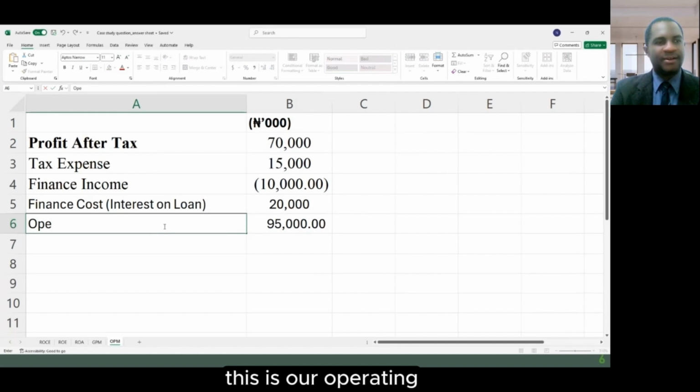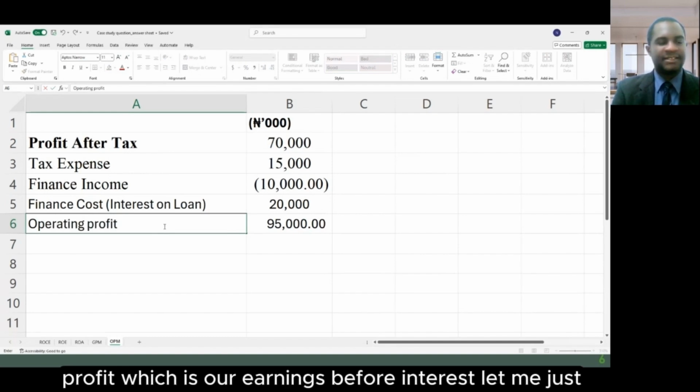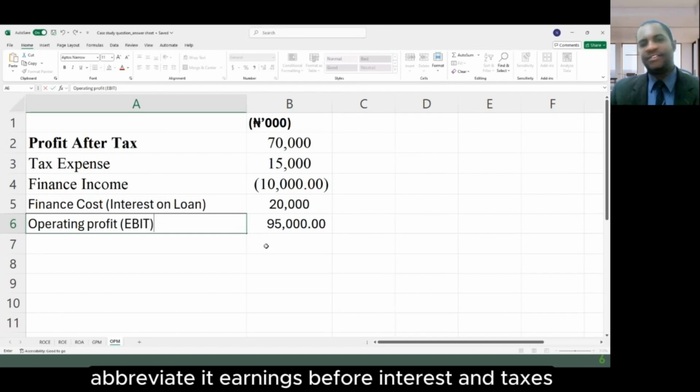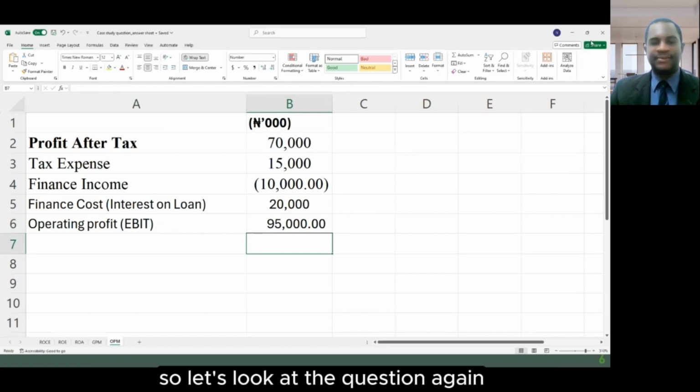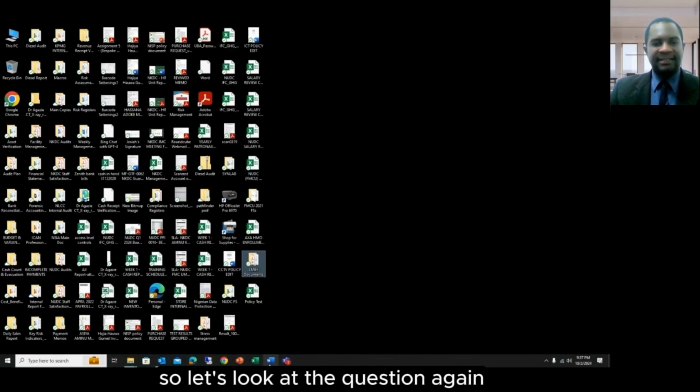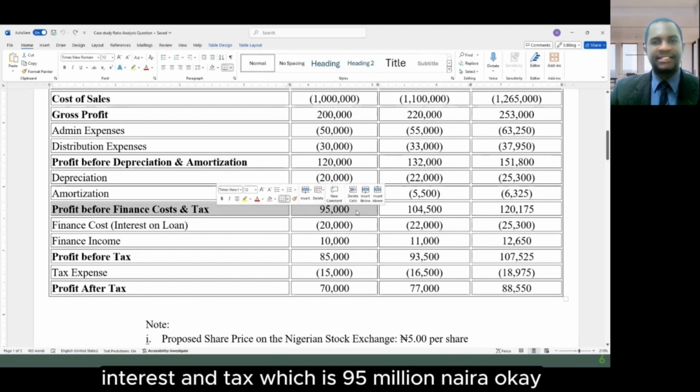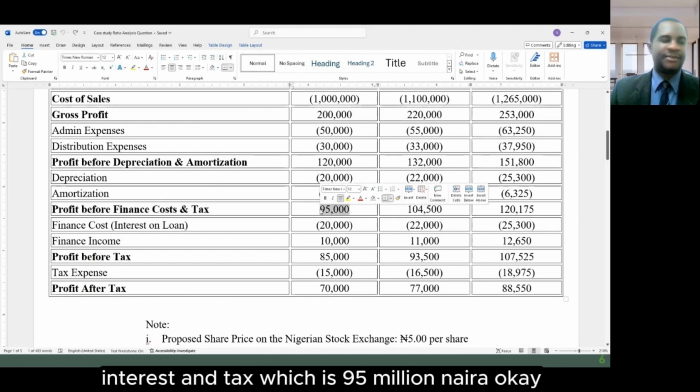So this is our operating profit, which is our earnings before interest and taxes. Let's look at the question again. You can see this is our earnings before interest and tax, which is 95 million naira.